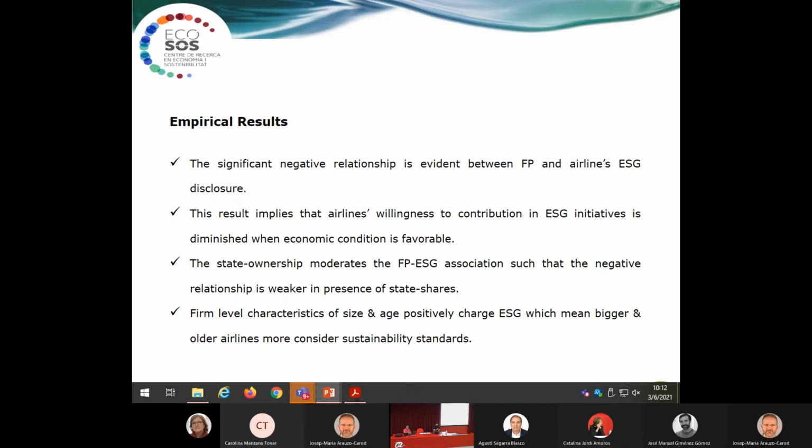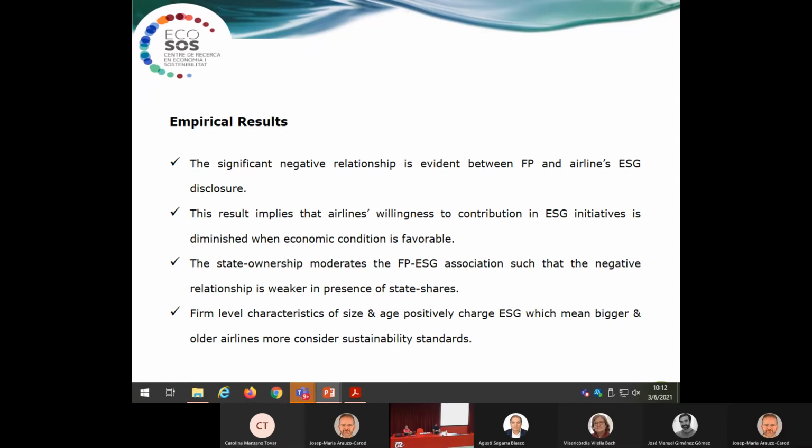It means that when airlines are in good economic condition, they probably skip participating in ESG activities, because they feel that if they have a good financial return and pay their stakeholders very well, they don't need these costly measures like ESG.